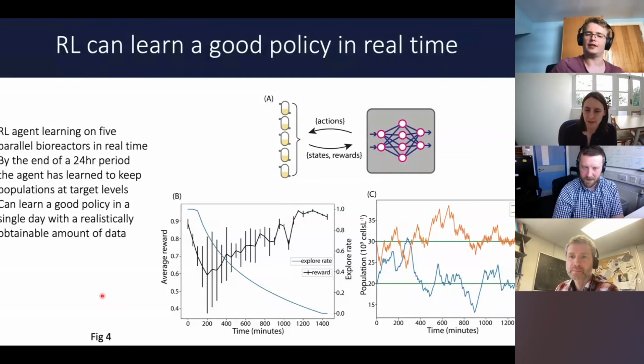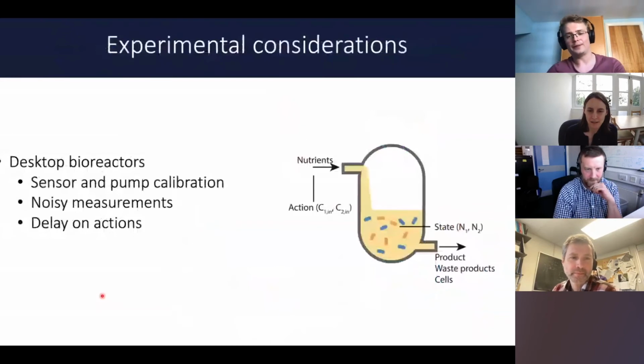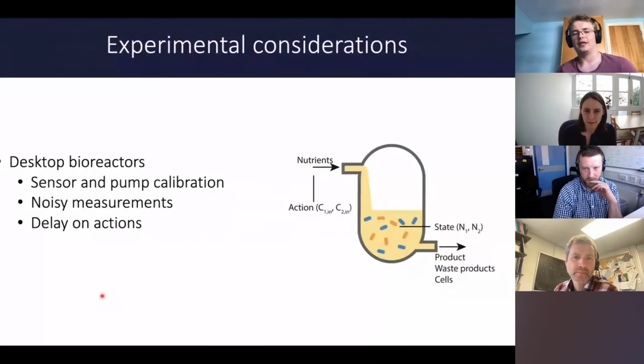I have a list of 3 things. Chris and Brian can obviously jump in. We're working with these tabletop bioreactors, and we've been having to calibrate the sensors and the pumps because they're all slightly different. If you have 5 of them, each of the sensors will be slightly different, and each of the pumps will be slightly different.